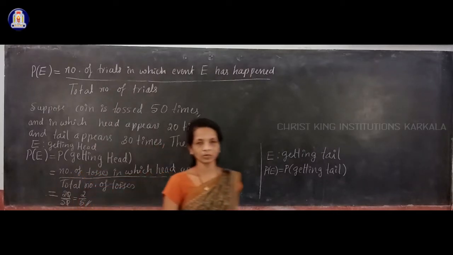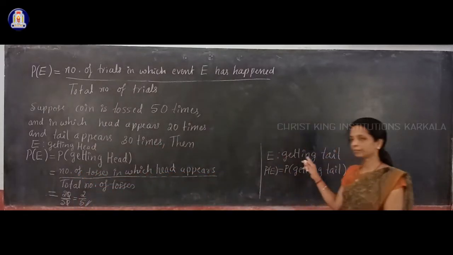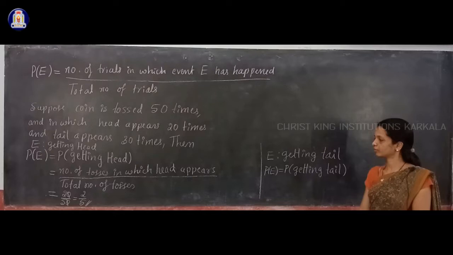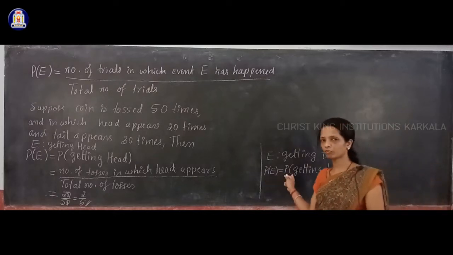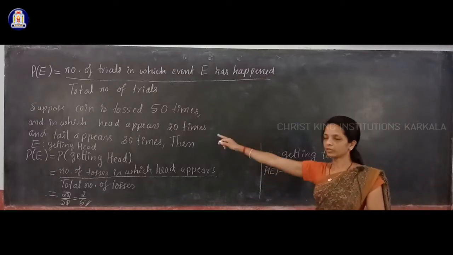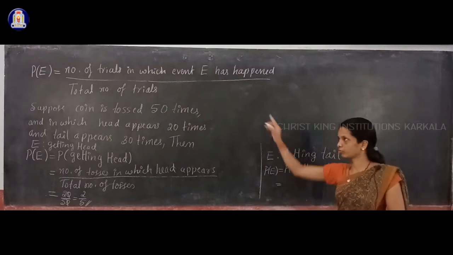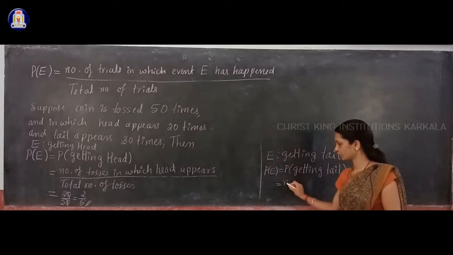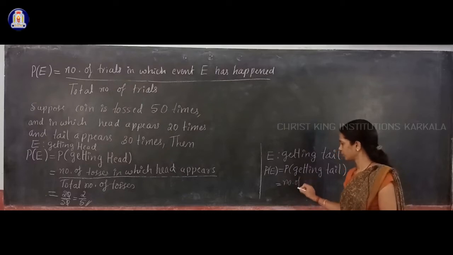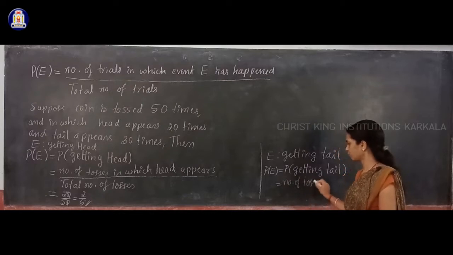In the same way, suppose you are given event E, that is getting a tail, then how do you calculate the probability of getting tail, for that same experiment? According to that formula, what is P of E now? Number of trials is now tosses.